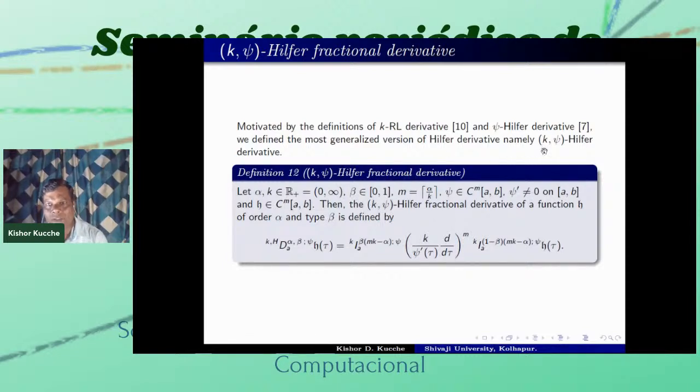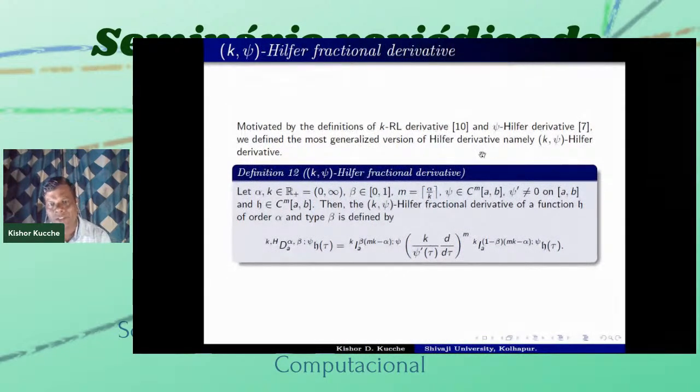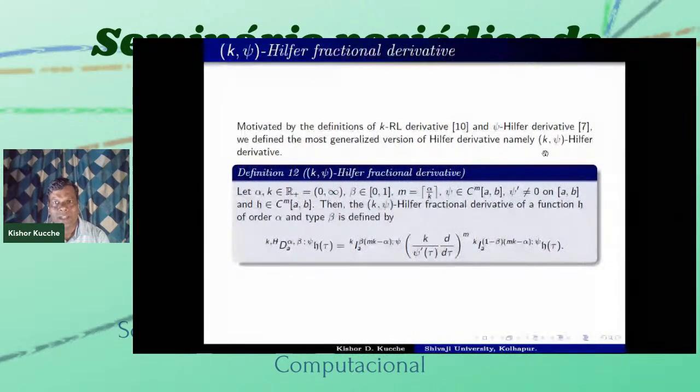We have tried to define a new derivative, which is a generalized version of the Hilfer derivative and also generalizes the existing psi-Hilfer derivative, containing an additional parameter k, and we have given this derivative the name k-psi Hilfer derivative.